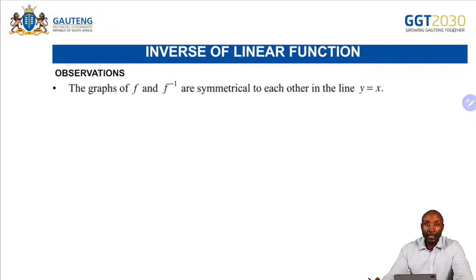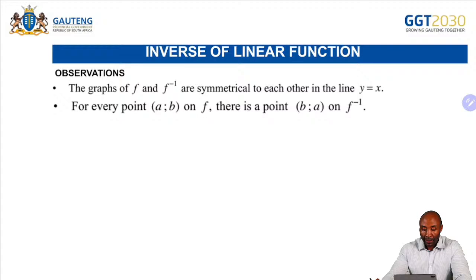So the observations that we made using the linear function: we saw that f and f inverse were symmetrical to each other about the line y equals x. And we noticed that if a point on f has coordinates (a, b), the same point on the inverse function will have (b, a), swapping positions.